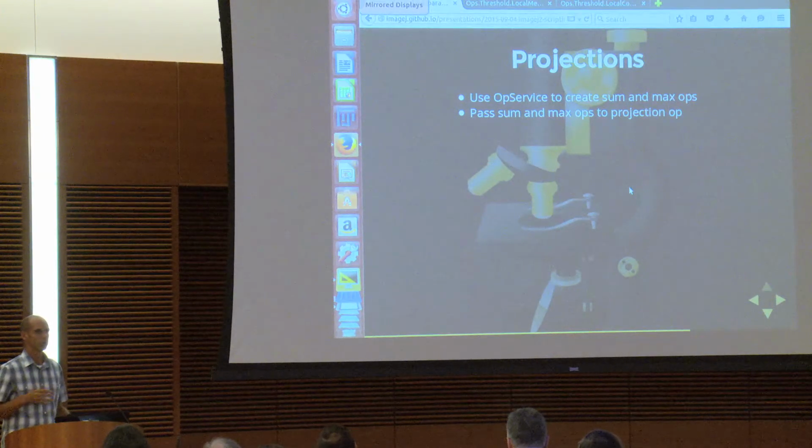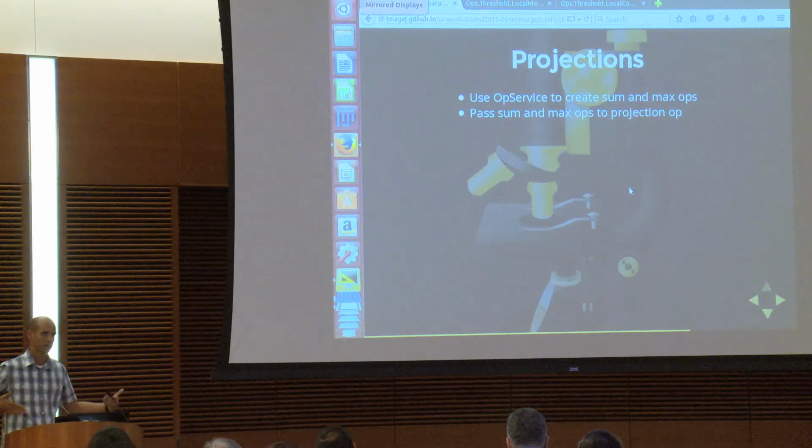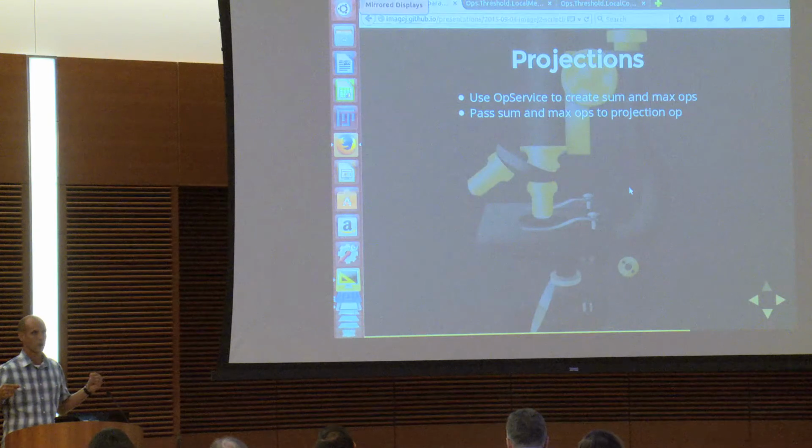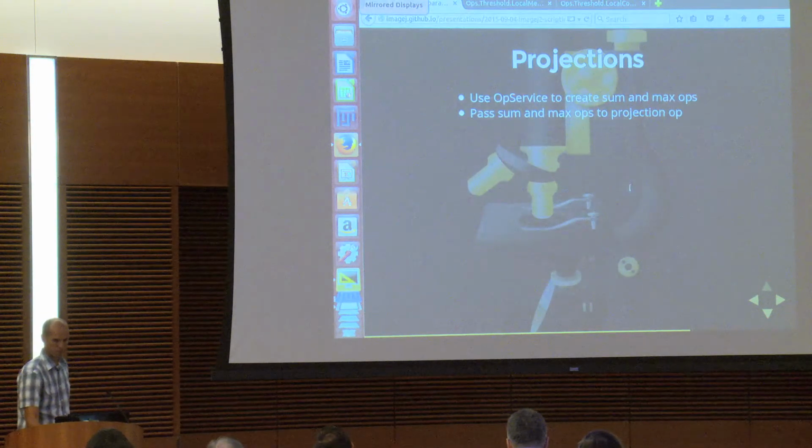If you do sum projection, it goes along one axis and adds up all the pixels. If you do max projection, it goes along an axis and takes the max along that axis. So in this example, we're defining the strategy, then calling the projection op.